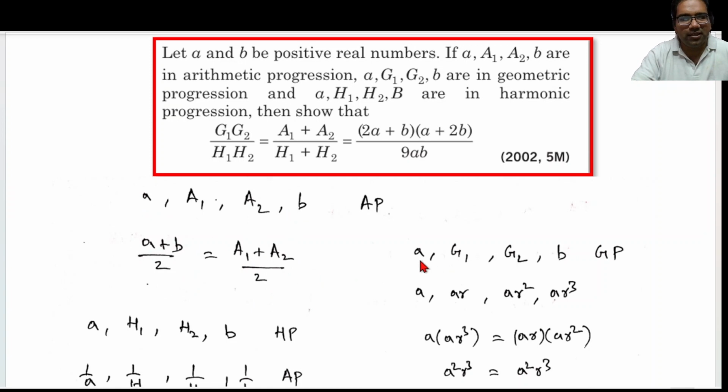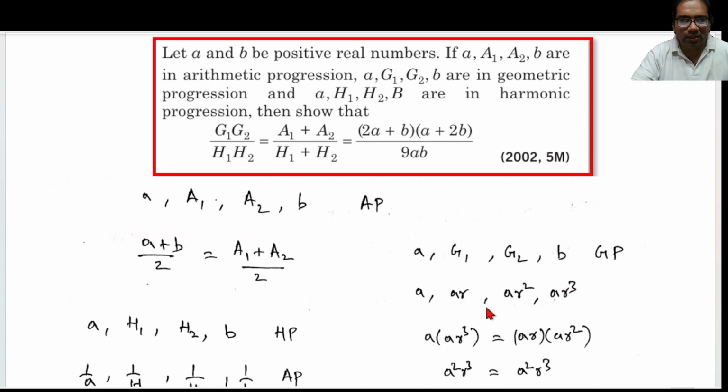Similarly, a, G1, G2, and b are in geometric progression. Let's say a, G1 is ar, G2 is ar square, b will become ar cube.